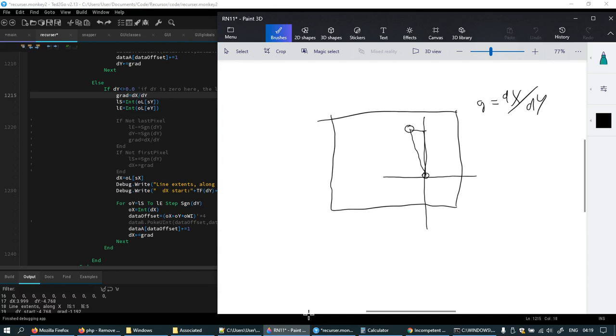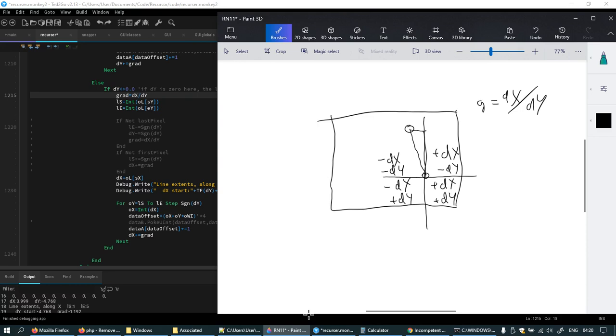In here, this is negative dx, negative dy. That's positive dx, negative dy. Right, yeah. Negative values close to the top of the screen. This is negative dx, positive dy, and this is positive dx and positive dy.